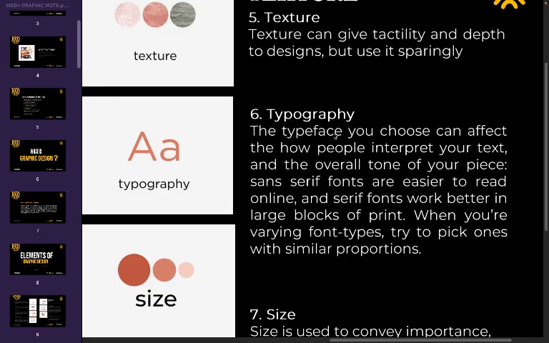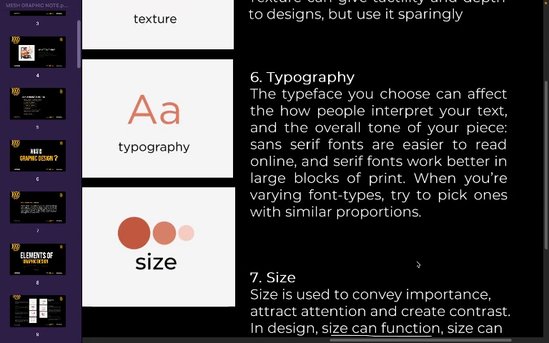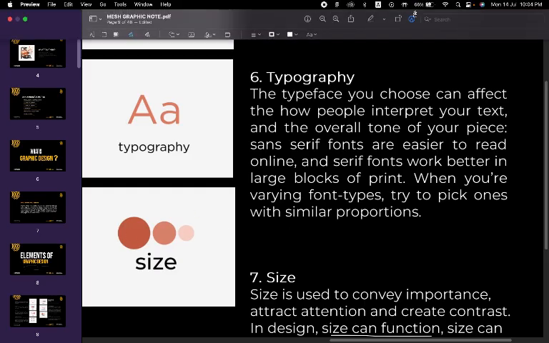So this means that the type of text you choose to write something can change how people are going to read the message on your design and how people will understand the message on your design. Let's take a practical example so that you can have a better understanding of it.